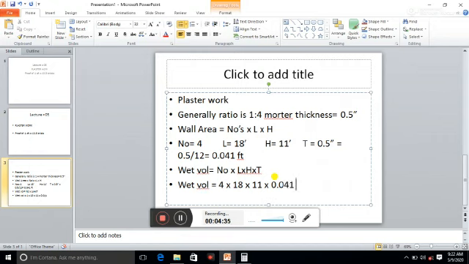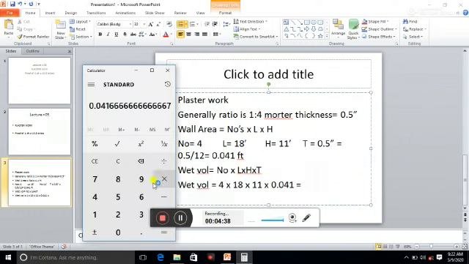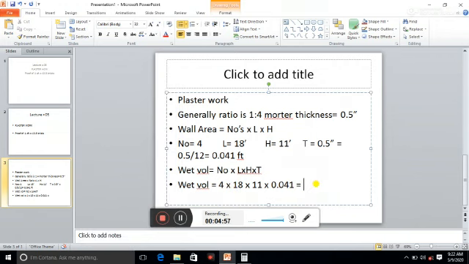Okay, so multiply 11 by 18 by 4, which gives 33 cubic feet. 33 cubic feet is the wet volume.